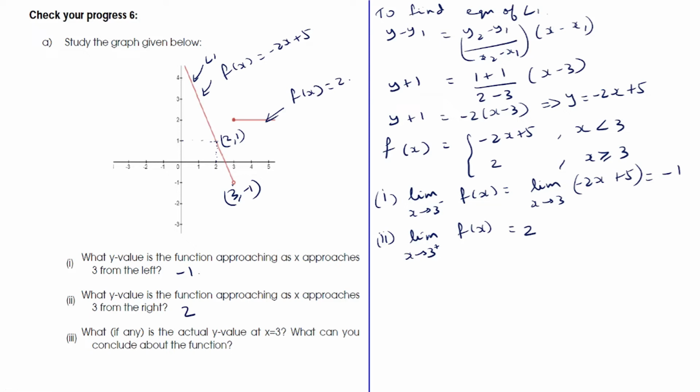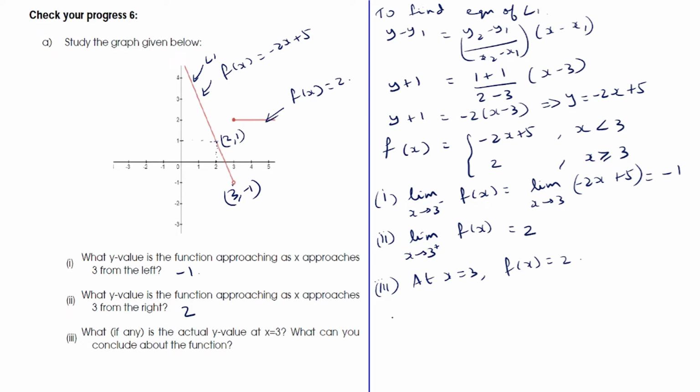So at x equal to 3, f of x is nothing but y. F of x is equal to 2. Now it is asked what can you conclude about the function. We can see that the left hand limit at 3 is not equal to the right hand limit at 3.